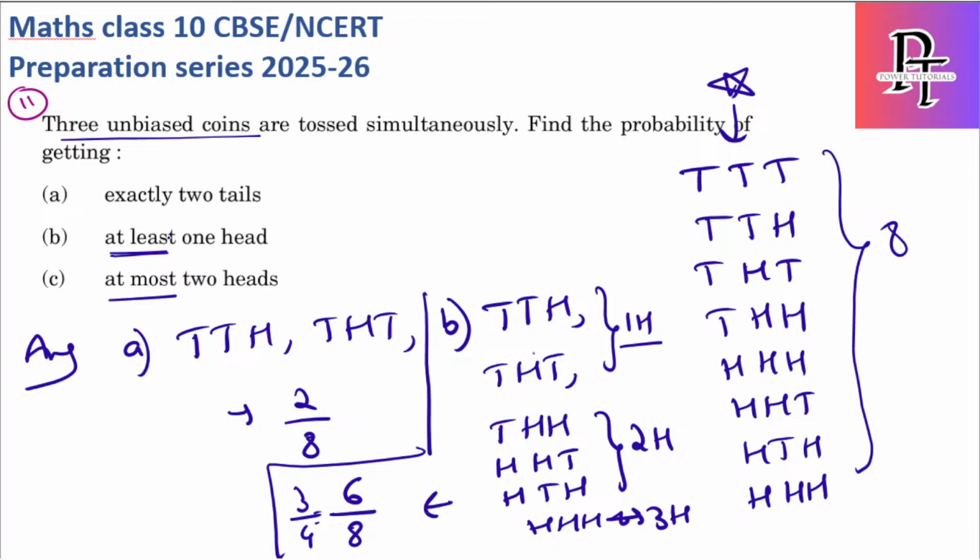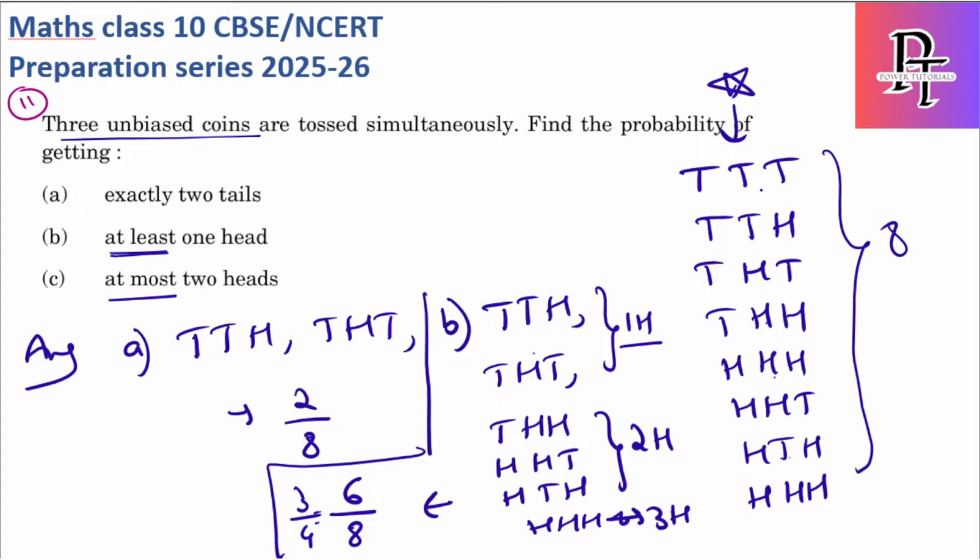And here the case is at least 1 head. So it has to have 1 head, 2 heads, and 3 heads. Okay, wait, and in this question I think we missed one more. THT is fine. THH we have 2, HHH we have 3. 1, 2, 3, 4, 5, 6, 7, just one, HTH, HHT.